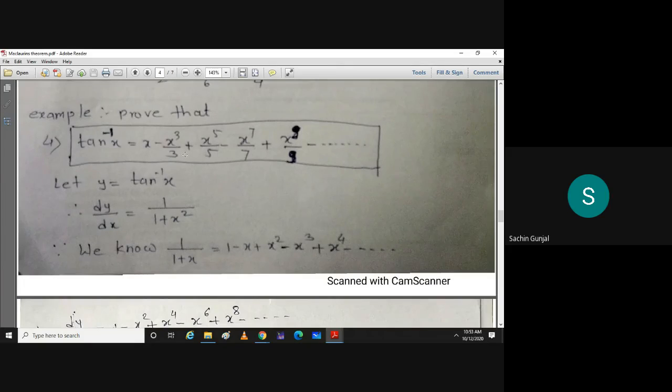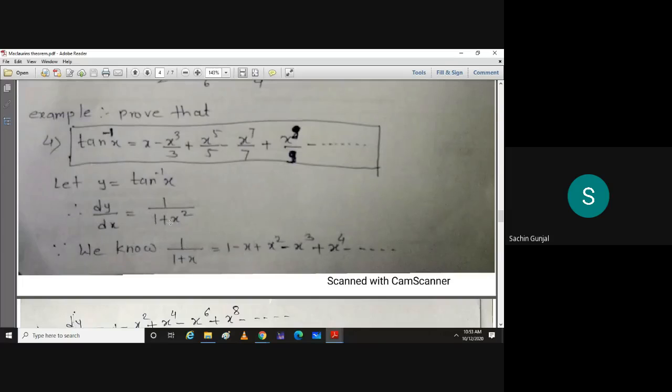What we observed is, if you differentiate it, dy by dx is equal to 1 upon 1 plus x square. Using the expansion of 1 upon 1 plus x, that is 1 minus x plus x square minus x cube plus x raised to 4, in place of x you substitute x square.